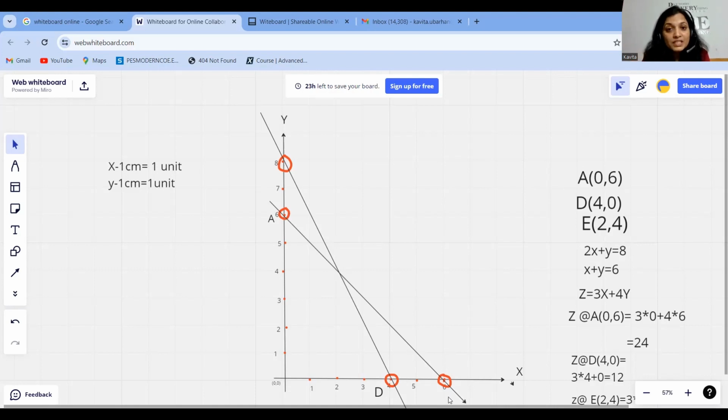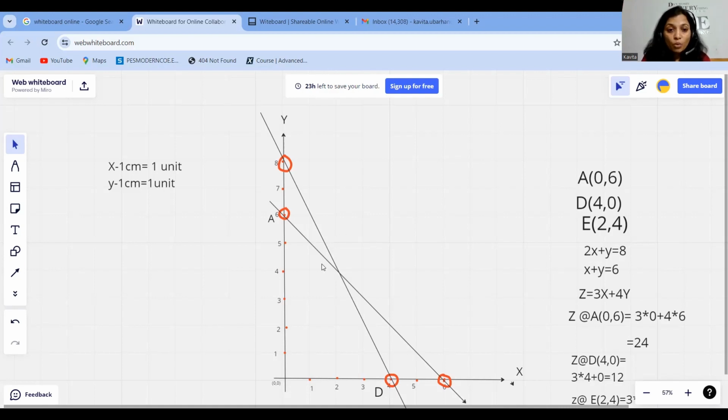When the inequality is greater than or equal to, then your feasible region will always be opposite to the origin, away from the line, open ended. So here, both constraints are less than or equal to type inequalities.